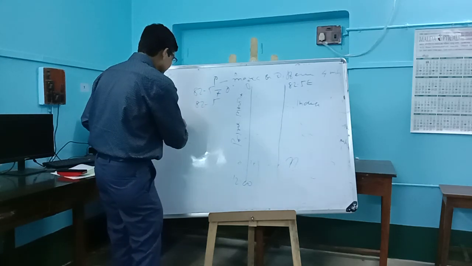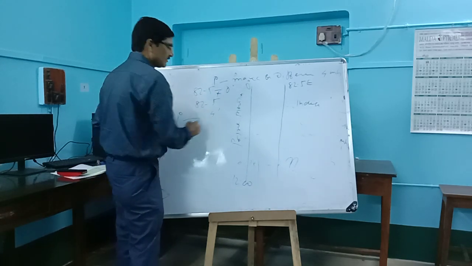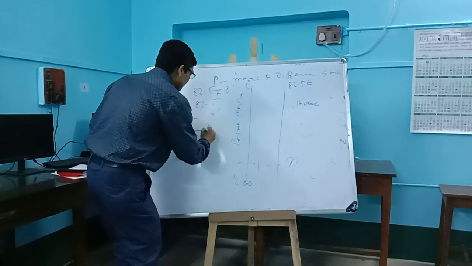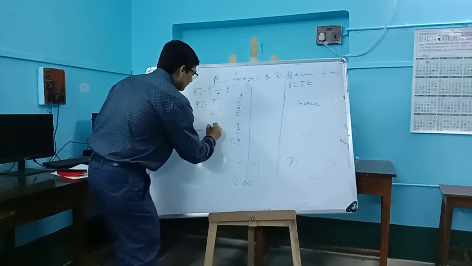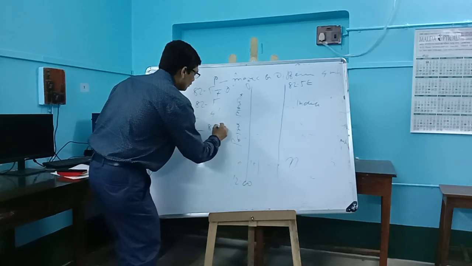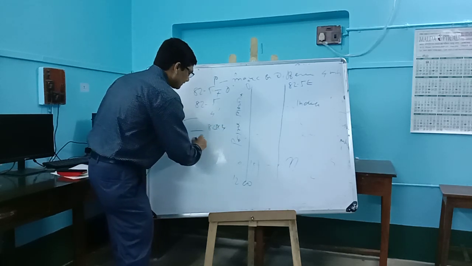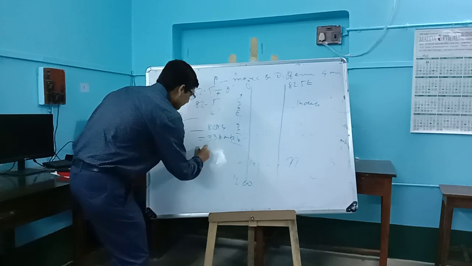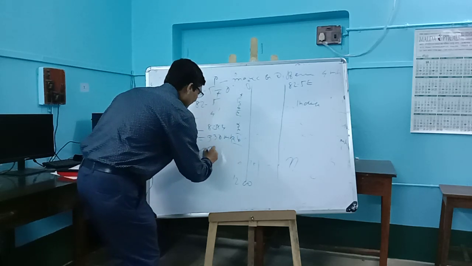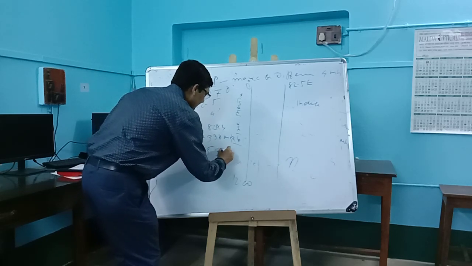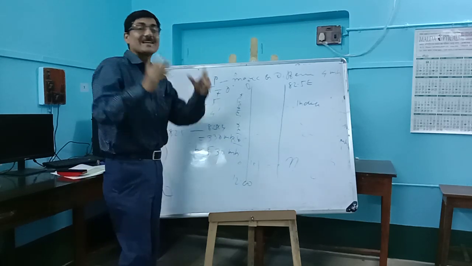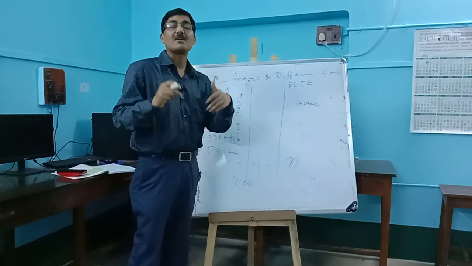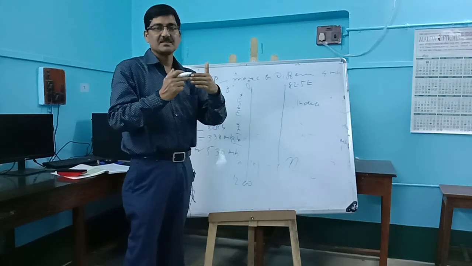So 1 degree makes a difference of 4 minutes, then 82.5 degrees makes a difference of 82.5 into 4, that means 330 minutes or 5 hours 30 minutes. This is the time difference between London and India: 5 hours 30 minutes.